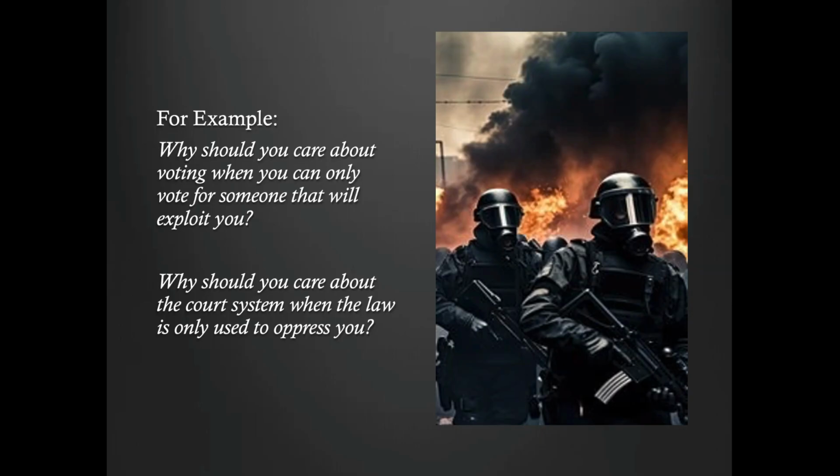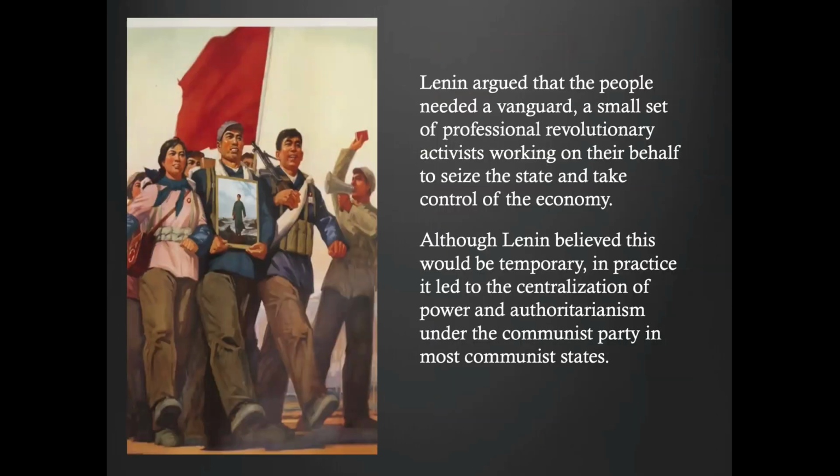It's impossible. So Lenin argued that the people need a vanguard, a small set of professional revolutionaries working on behalf of the workers or the proletariat to seize the state and take control of the economy.